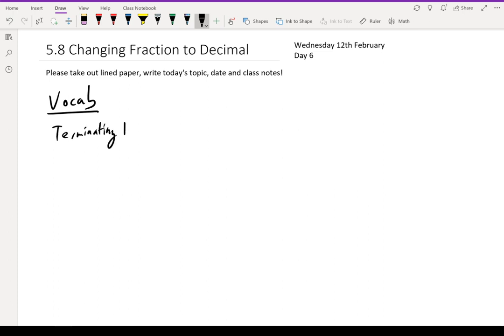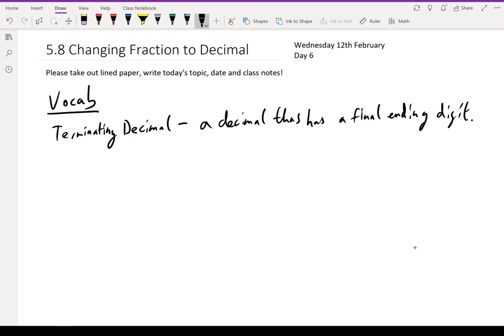Terminating decimal. Now, the meaning of terminating decimal: it is a decimal that has a final ending digit. It doesn't go on forever.